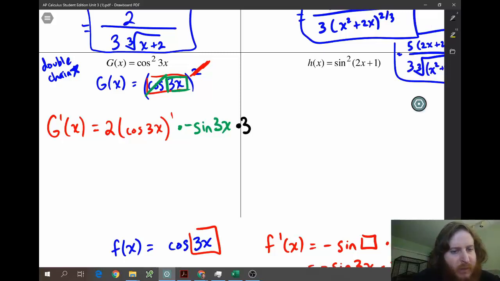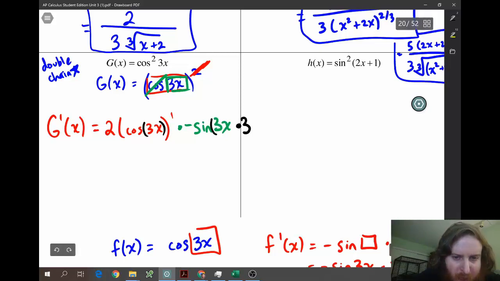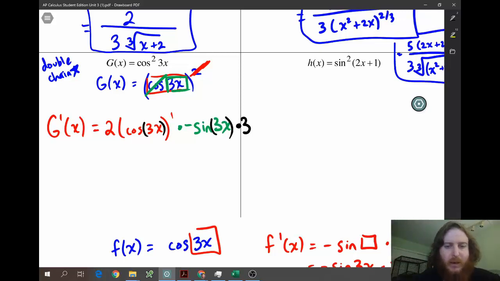Now, be very careful when you try to combine like terms. I've seen a lot of people try to do 3x times 3 is negative 9x. That does not work. They didn't use parentheses here, but there is a parentheses right there. It's cosine of 3x, and it's sine of 3x. The 3 is not inside of the sine. The 3 is a coefficient. And there's one more coefficient that we don't really notice: it's negative 1.